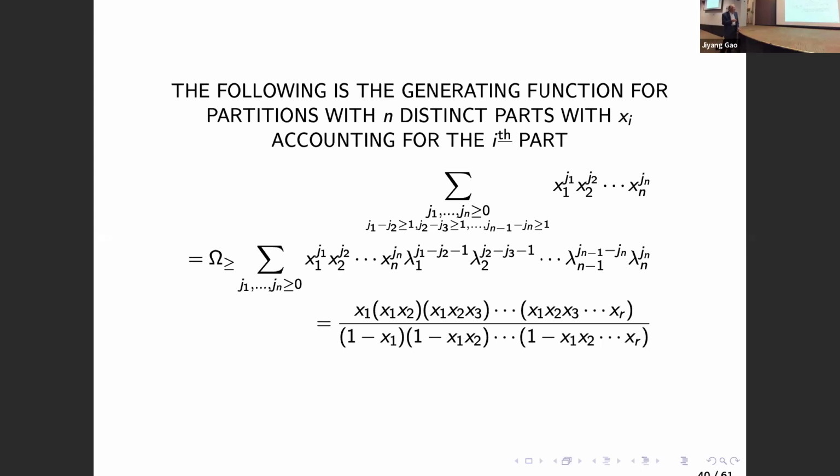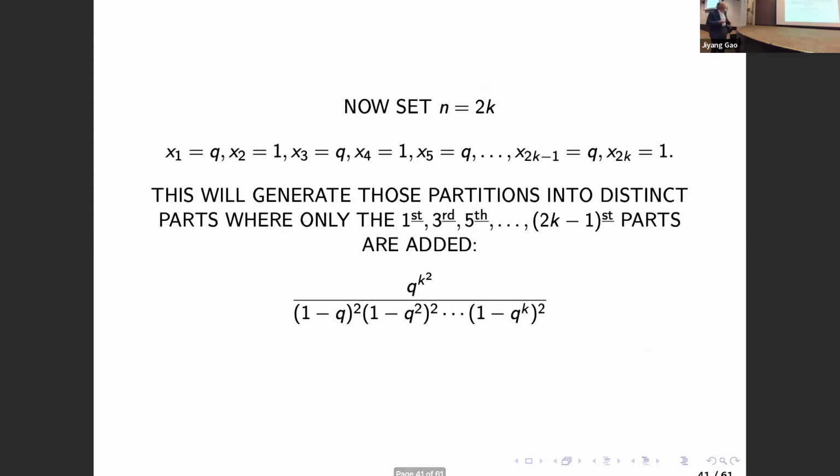So if you have n summands where the last one is greater than or equal to 0 and they are distinct, then using the formulas that I showed you early on, they click in one after the other and it is easily established that this is the relevant generating function. So how does that relate to Mork's problem? The point is, in order to look at the first, third, fifth, seventh summands, all you need to do is set x1, x3, x5, x7, etc. equal to q, and the other x's equal to 1.